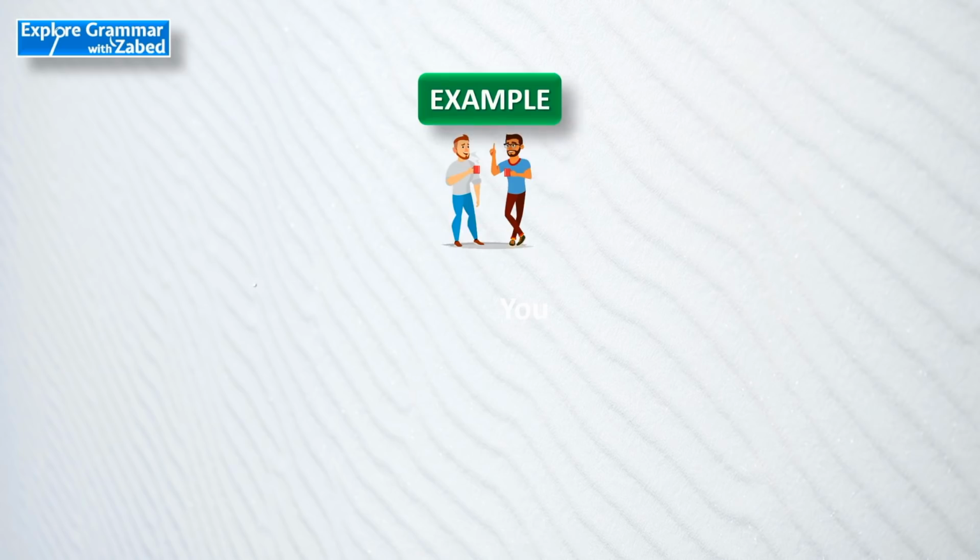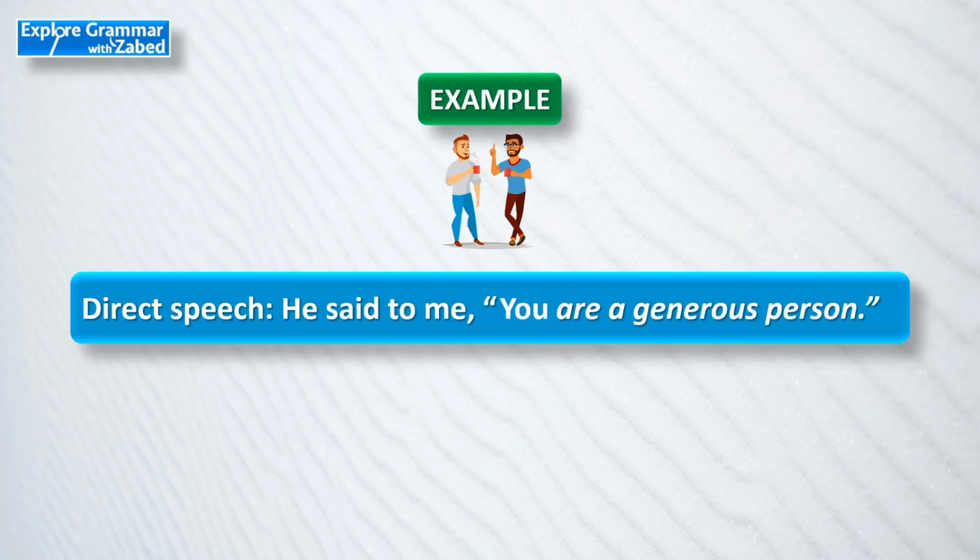Let's look into one more example on second person in reported speech. Here the direct speech is: He said to me, "You are a generous person." Again, we can see the subject of the reported speech is an example of second person.